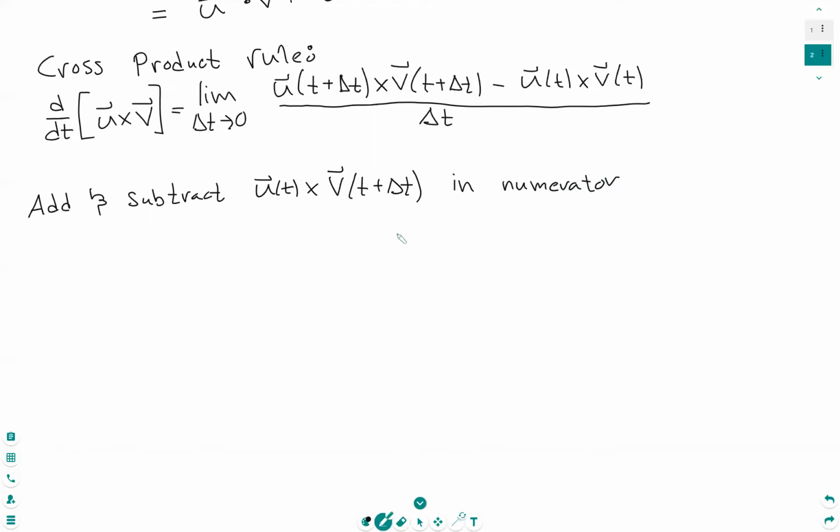So being really sneaky here. This is now the limit as delta t goes to 0.